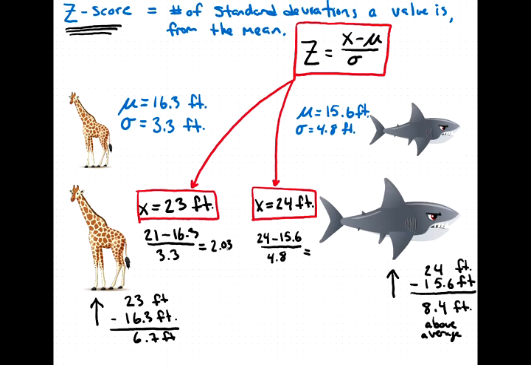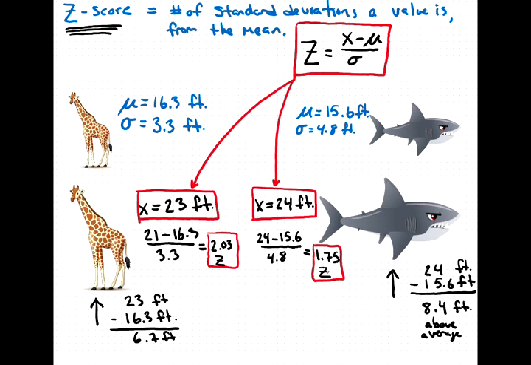2.03 for the giraffe. And we get 1.75 for the great white shark. So there's our z-score for the giraffe, and there's our z-score for the shark. Let's put a z here and a z here.